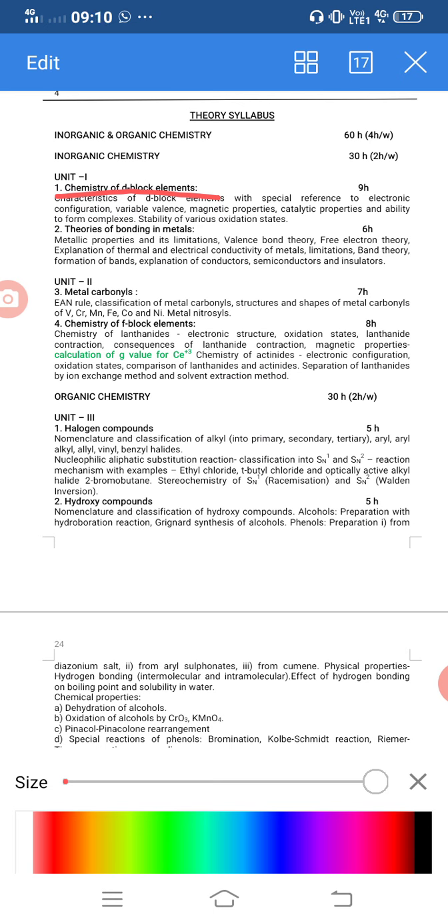Organic chemistry is very easy if you understand it, otherwise it's very difficult. So all of you must learn the basics. What is halogen, what are hydroxy compounds, what is carbonyl, aldehyde and ketone, what is carboxylic acid: all are functional groups. You have to learn the basic things first. What is primary, secondary, tertiary, what is an electrophile, what is a nucleophile.